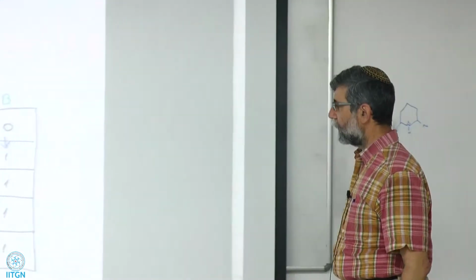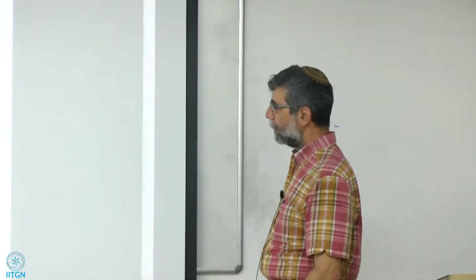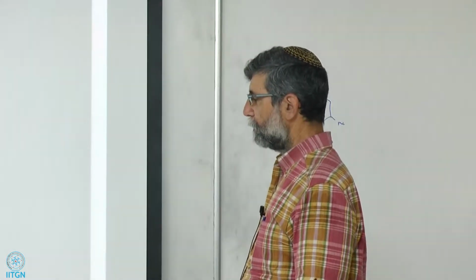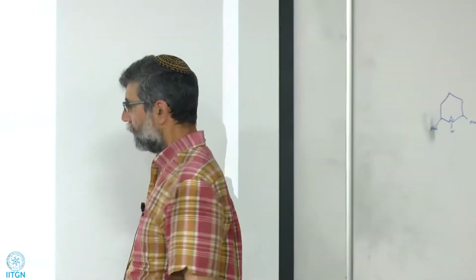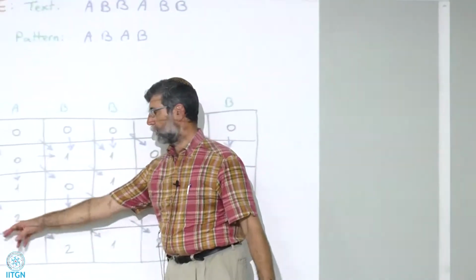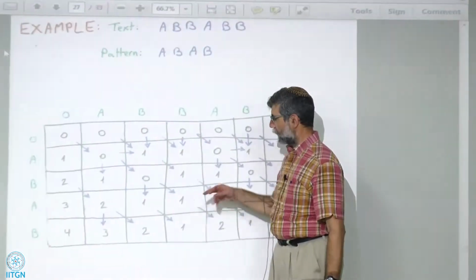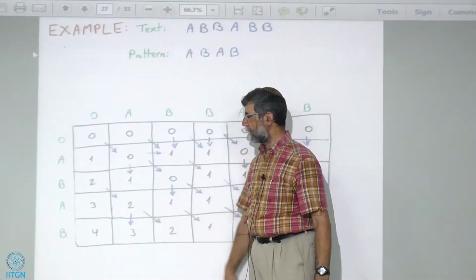If you say that you only allow up to K errors, and let's say K is equal to 1, then all of these indices you don't want to look at, because this has 2 errors, this has 2 errors, this has 3 errors.